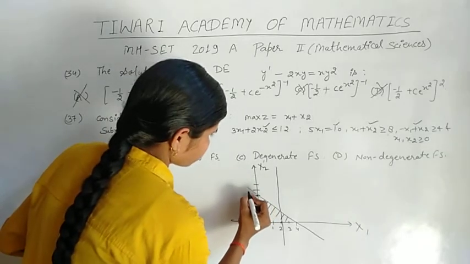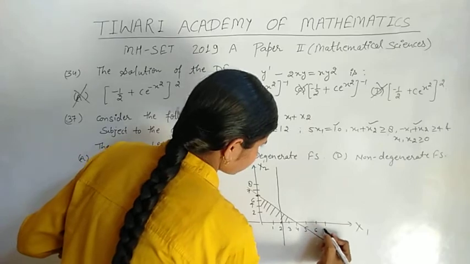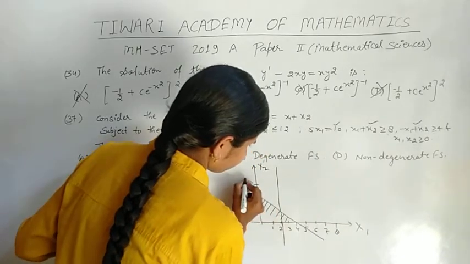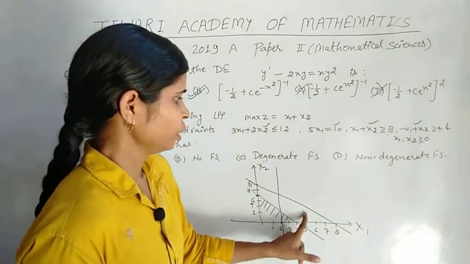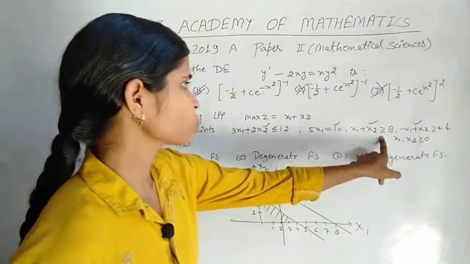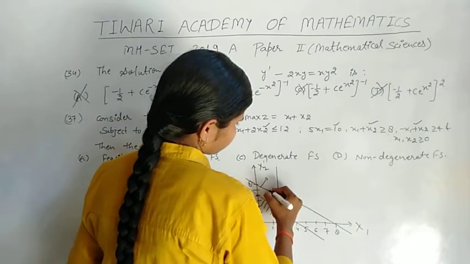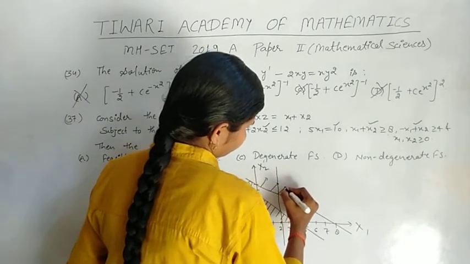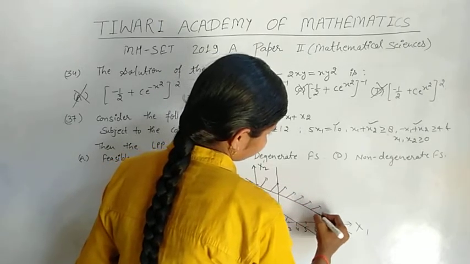Meet these points and find this line. Greater than equals to means that our region is this portion.